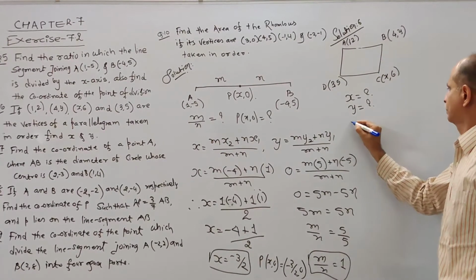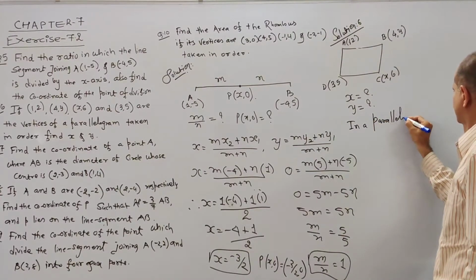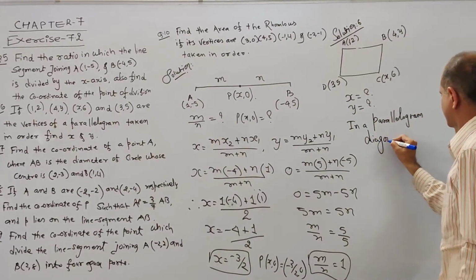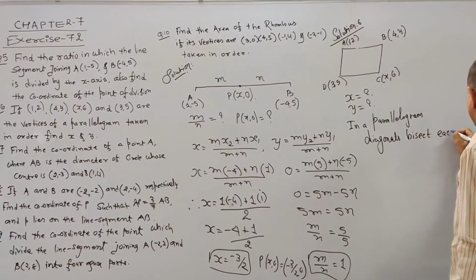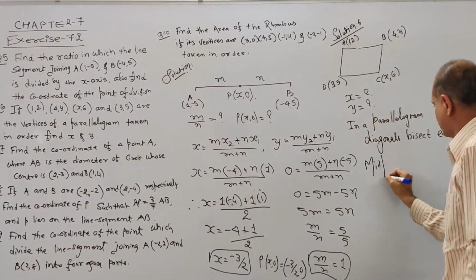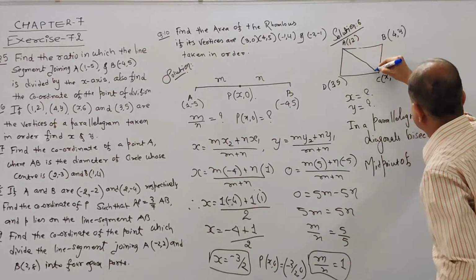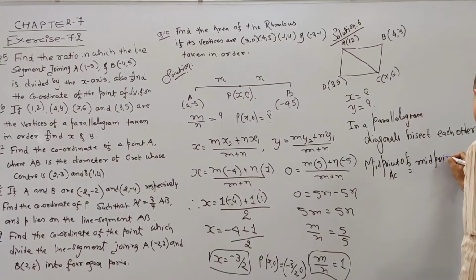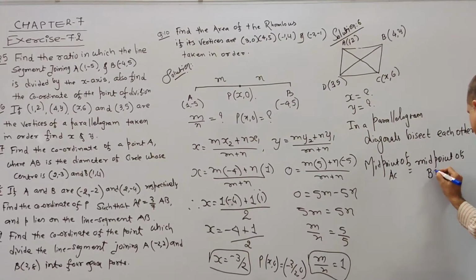In a parallelogram, diagonals bisect each other. Bisect each other means the midpoint of the first diagonal, that is AC, is equal to the midpoint of the other diagonal, that is BD.